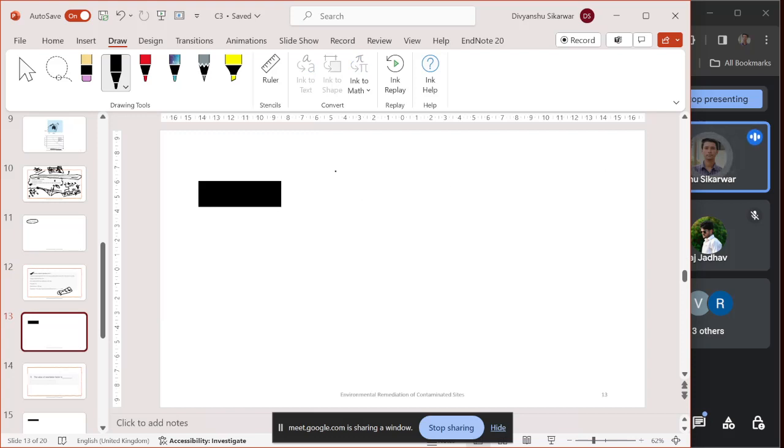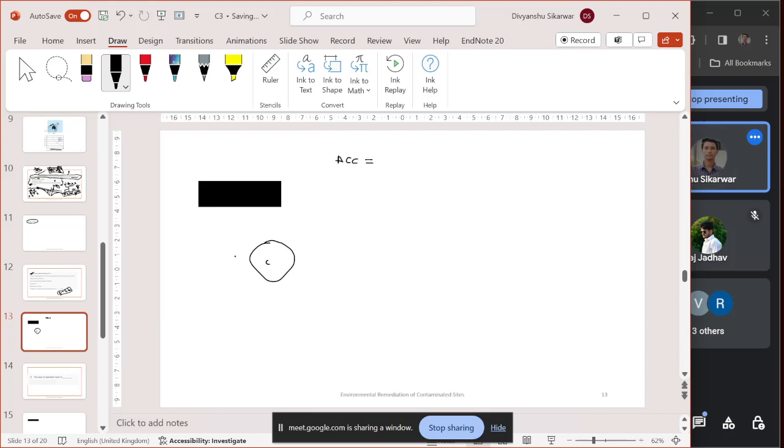You must have heard of the mass balance equation. Assume this is a pond and there is some contaminant here.